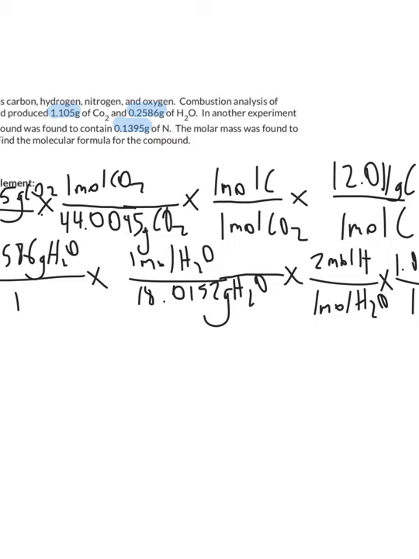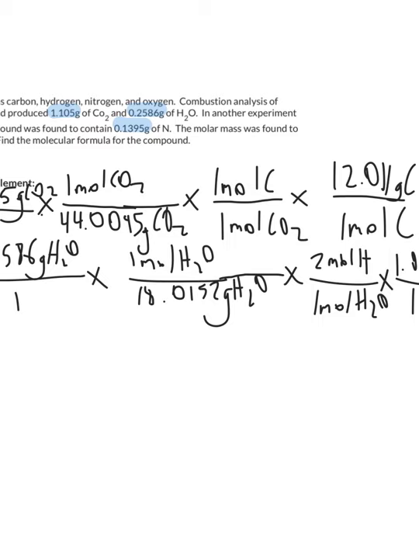Then, to find the mass of N, to keep it in line with the rest of the masses, we have to start by finding the percent mass of N, because that is a different experiment, and we can't use the same value.